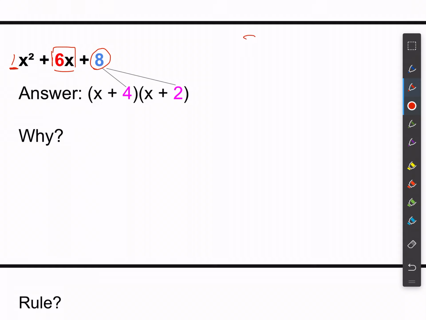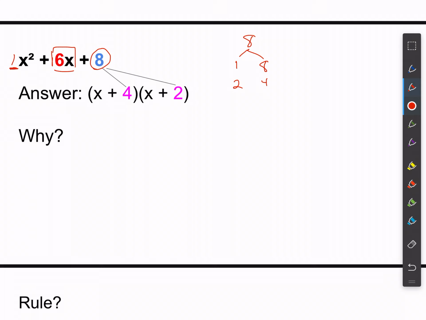Okay, so if I look at 8, and look at all the possible factors of 8. So 1 times 8, 2 times 4, and that's it. These are the only possibilities. What I'm looking for is two of these factors that multiply to give me 8, yes, and add to give me 6.